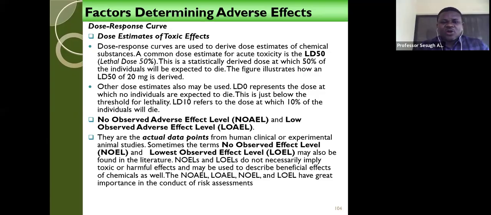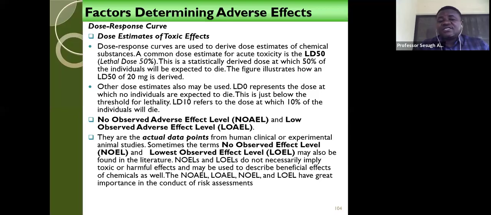Now, we're looking at those estimates of toxic effects. It's what we have discussed already, but I'll still point it out here. It does not mean that it is 20 milligram of the chemical that will kill 50% of the population in all cases.